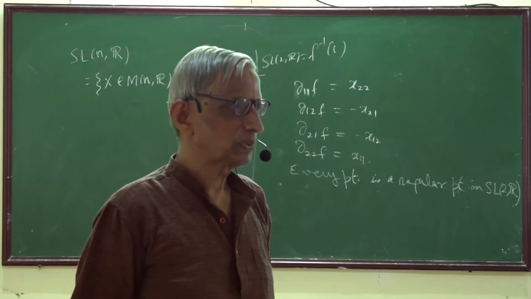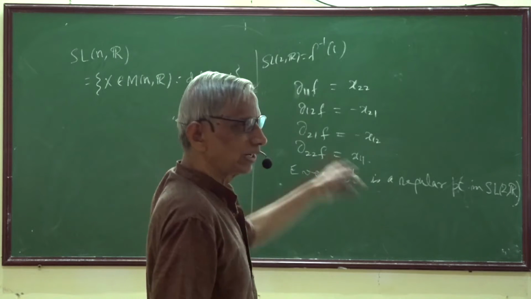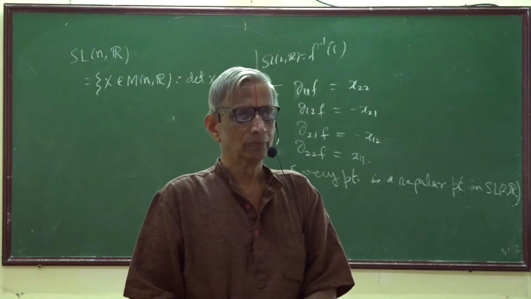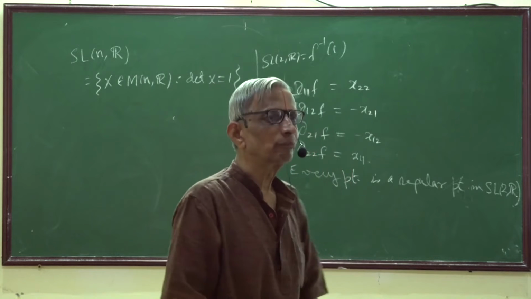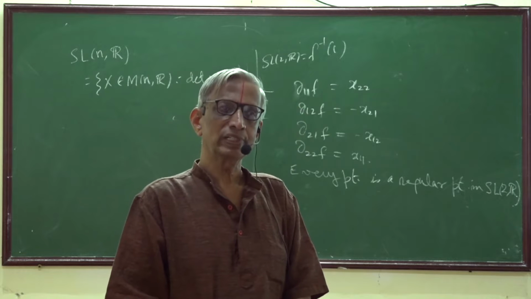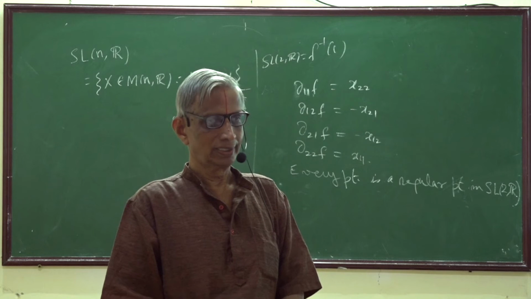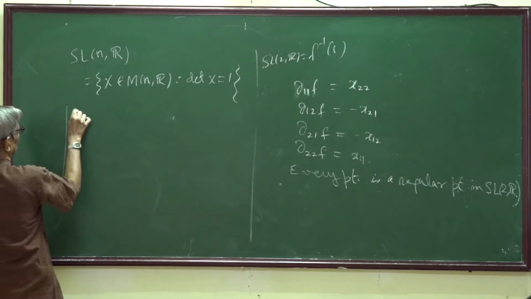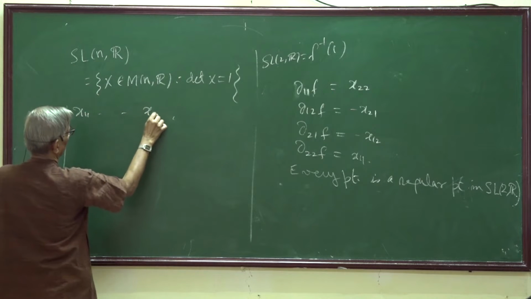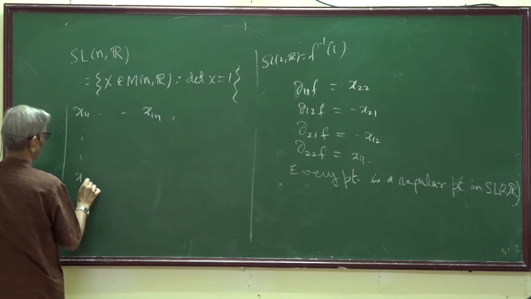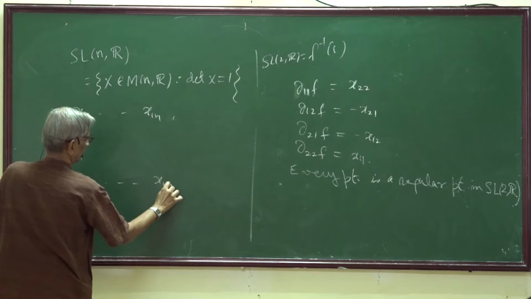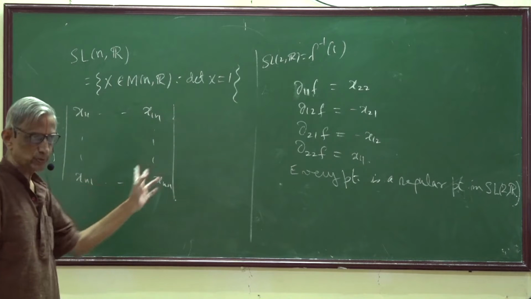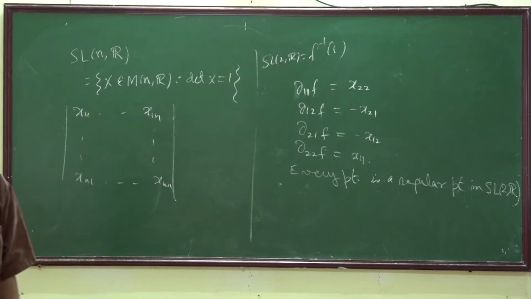But tell me now, here we had 2 by 2, so we explicitly wrote down the determinant x11, x22 minus blah blah blah. But you then differentiated. Okay, so how do you differentiate a determinant? If you have a determinant like this, it is a function of n square variables, right?